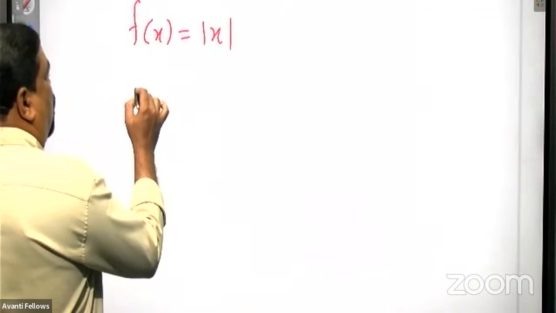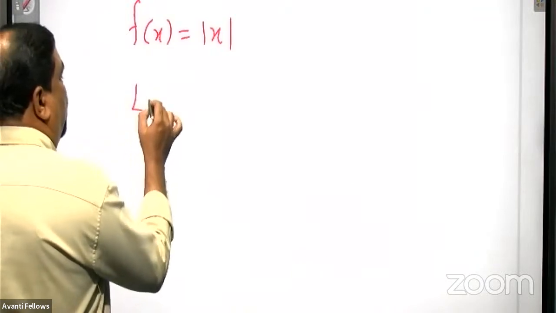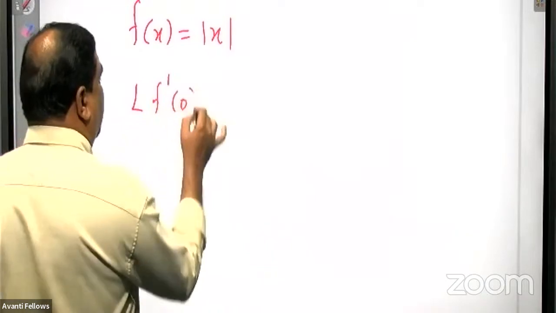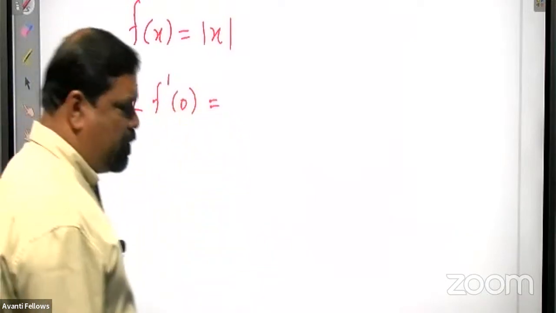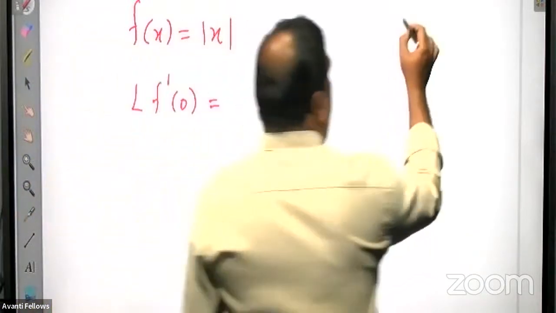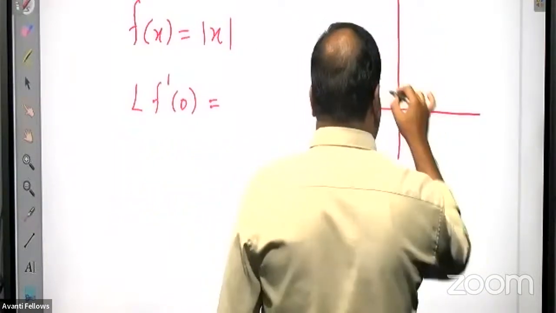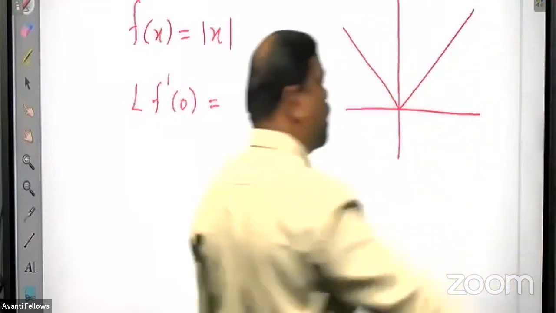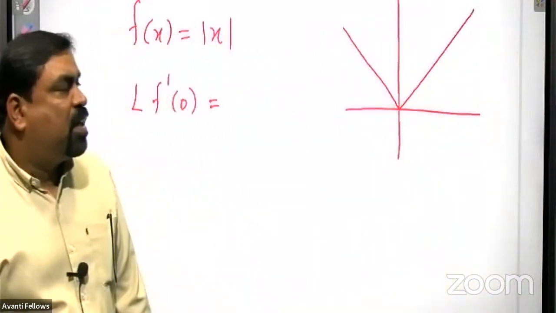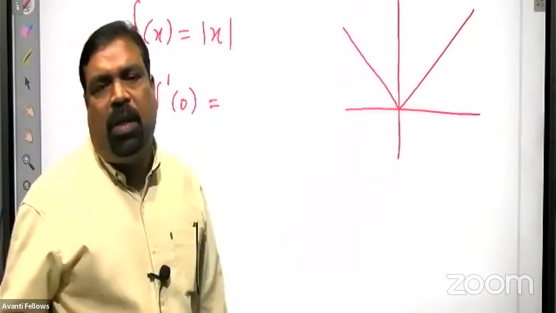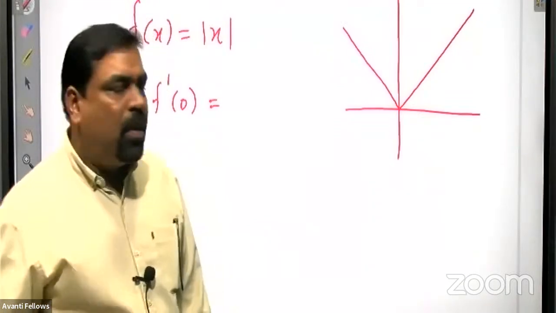So let us find the left-hand derivative at the point 0. You know the mod x function, the graph also everybody knows. The mod x has a turning point at the point 0. So at that point, we need to check the differentiability.